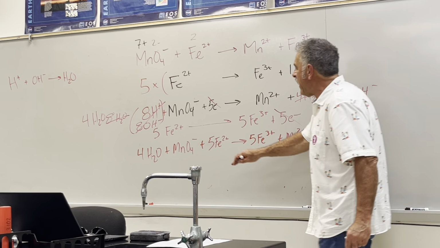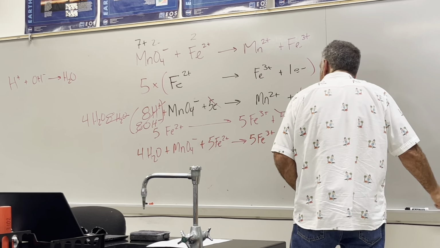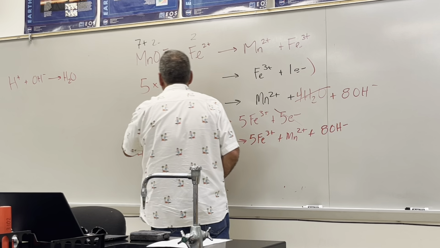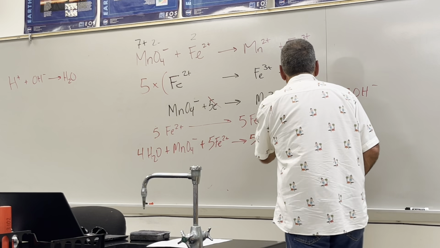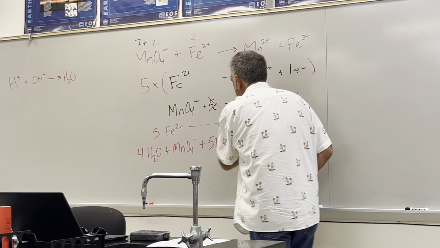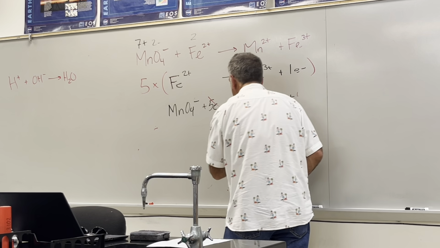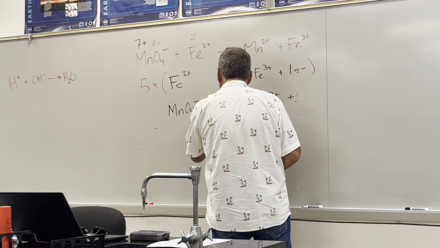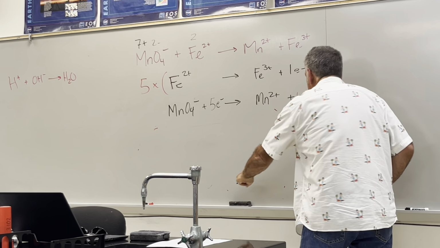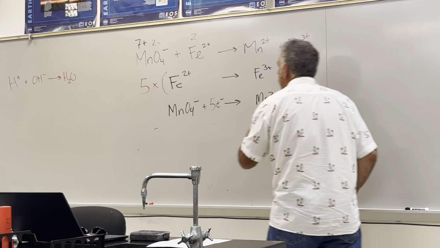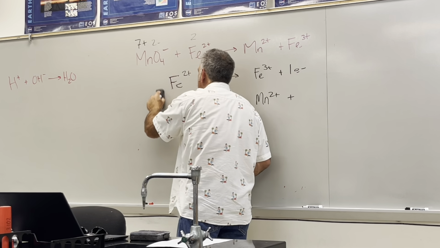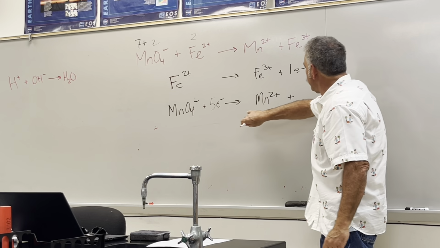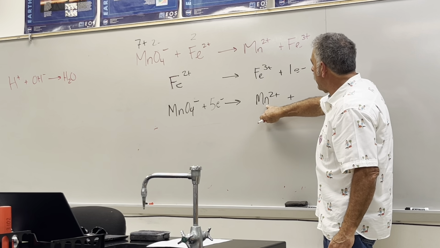Now, in order to balance, let's just do it again, so that you don't have to rewind. You guys may have the blue, but I don't have the blue. All right, so these are our half reactions. We have 5 electrons here, Mn2+, great.